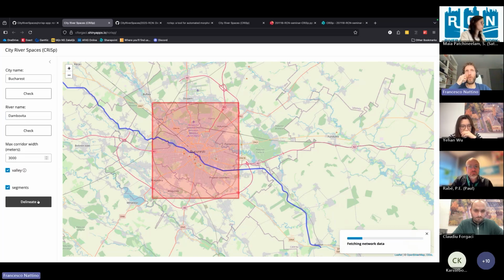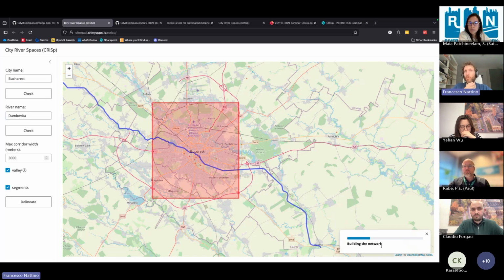So Rcrisp, which is running under the hood of this web app, fetches all the required data: network data, so streets and rail information.